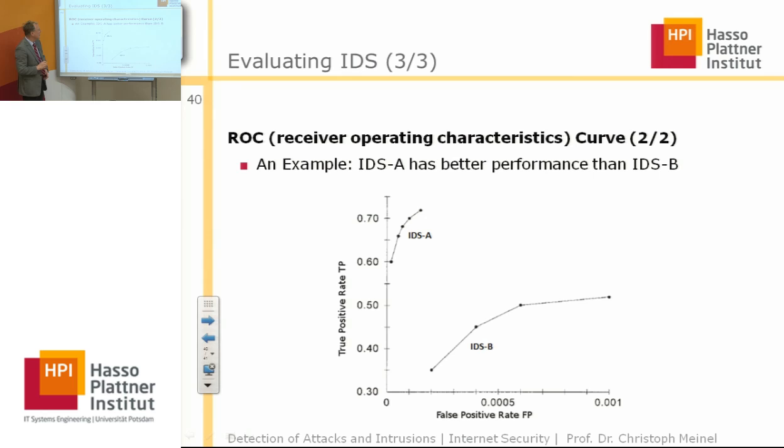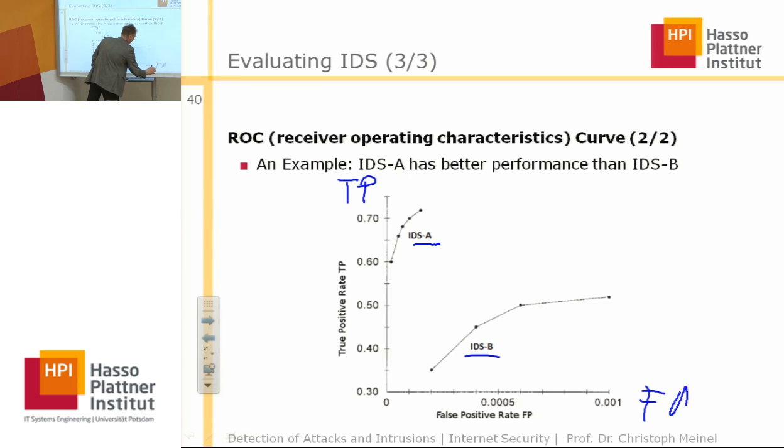Here is an example of such an intrusion detection system. We have an intrusion detection system A, and we have an intrusion detection system B, and we compare the efficiency and the performance of these two systems. Here is the true positive rate, TP, on this scale, and here is the false positive scale.